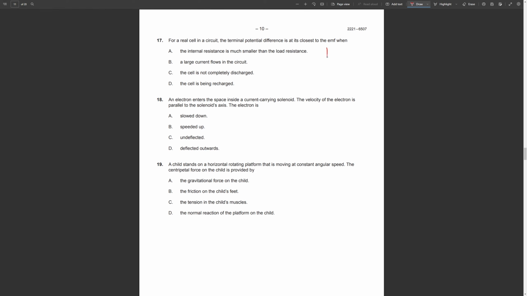Question 17. You have a real cell, which means there is internal resistance connected in the circuit. We have EMF, internal resistance, and the load resistance. We are trying to measure its terminal PD by connecting a voltmeter across the real cell. The reading is the EMF minus the lost volts. The lost volt is the product of current times the internal resistance.